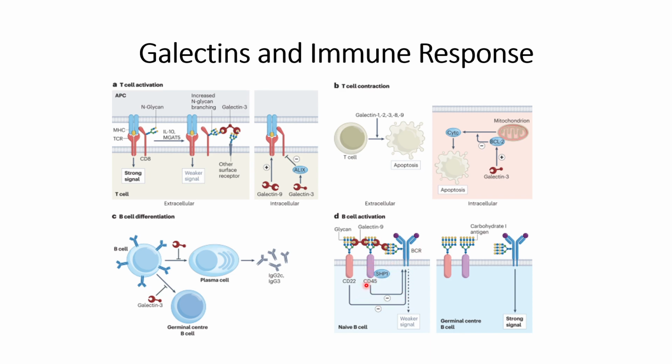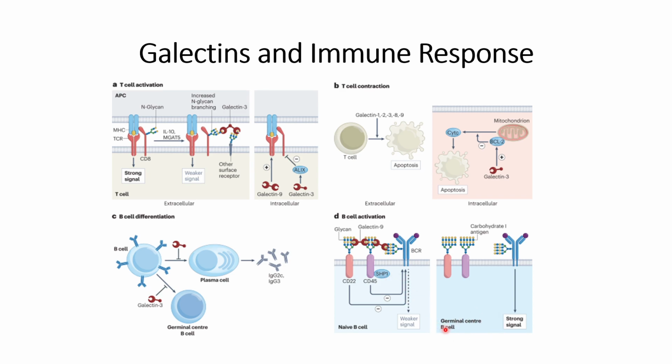Through SHP1 interaction with CD45, and this CD22 and CD45 co-interaction because of the galectin, B cell receptor activation in naive B cells will decrease or weaken, thereby helping in reducing the immune response of these B cells.